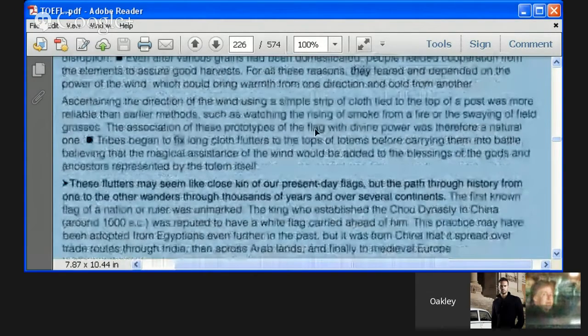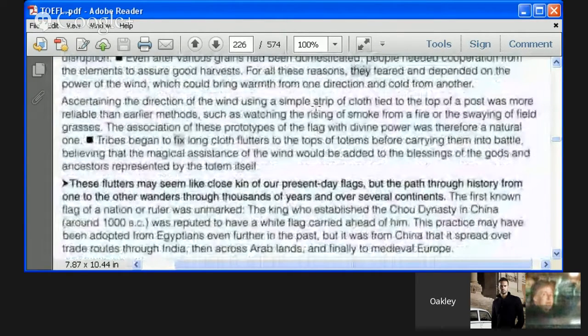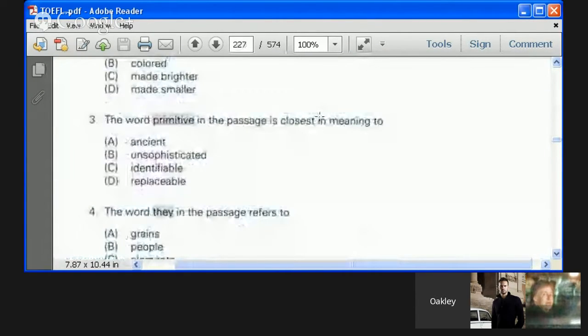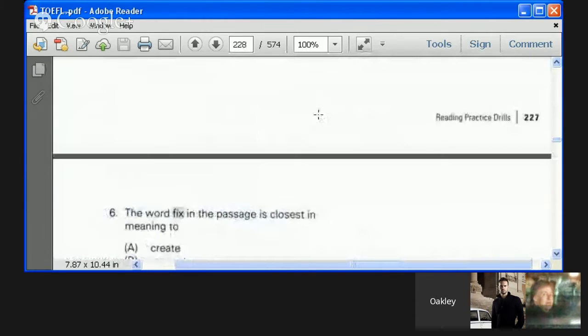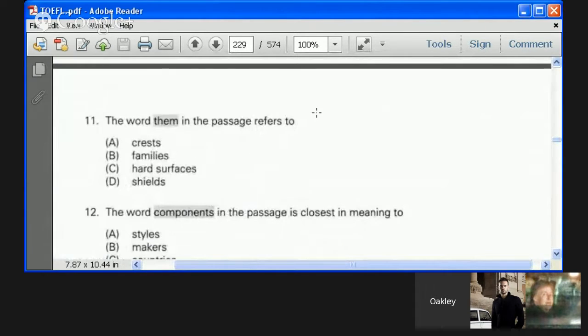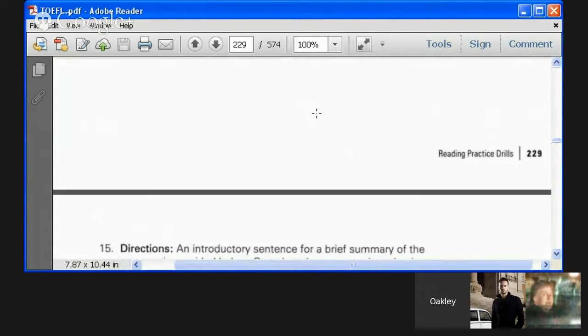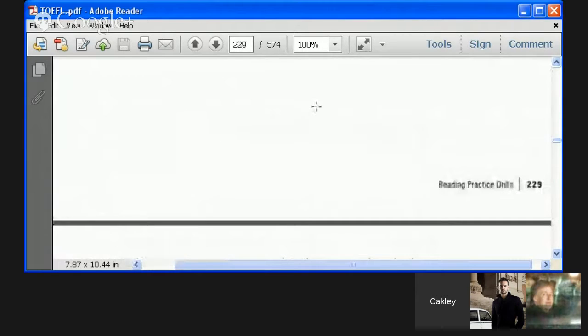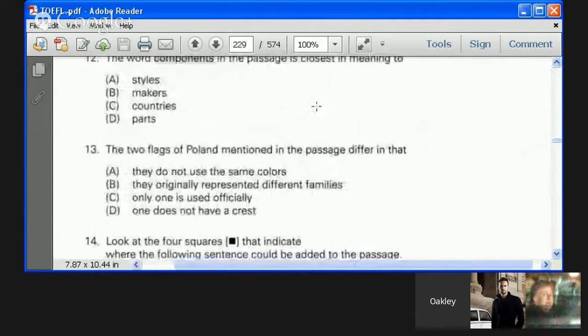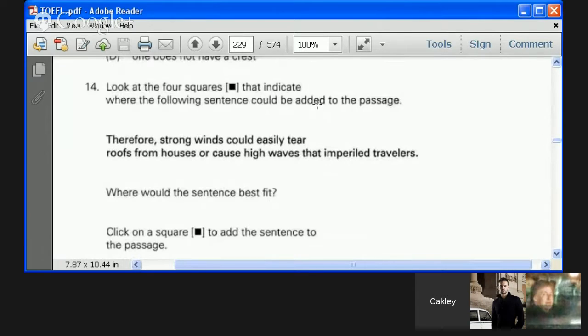Okay. Let's notice the other thing I did. I did it without saying what I was doing, but I super simplified the sentence. I definitely want to keep the transitional, but I also really simplify. What did I do with it? Therefore, strong winds could do damage, instead of all this specific information.